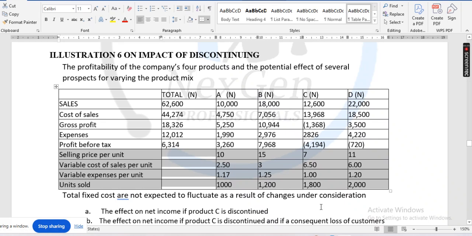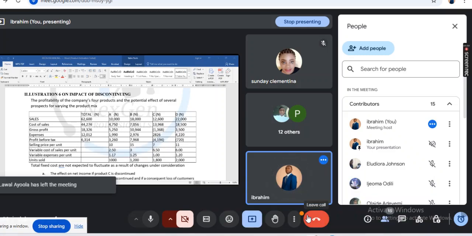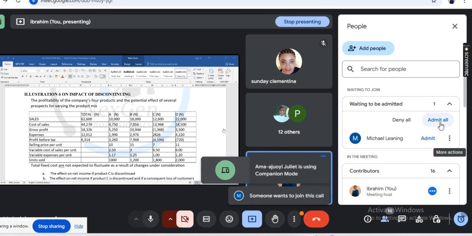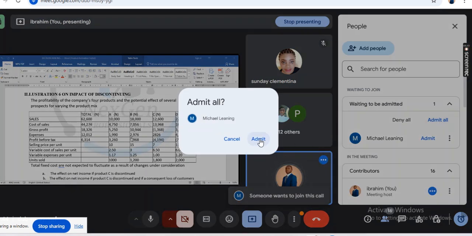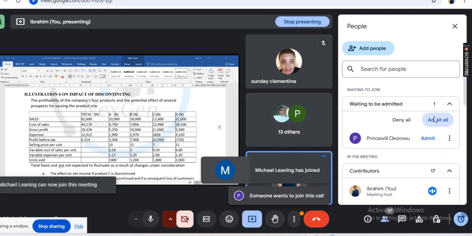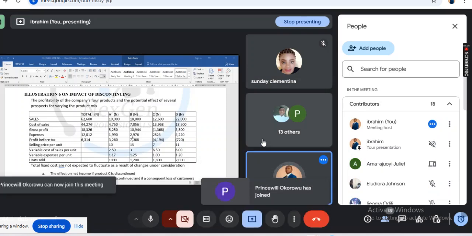I've always said this, even under the limiting factor that we did, that your fixed cost does not change according to your level of activity. Your total fixed cost will remain the same, whatever you produce.